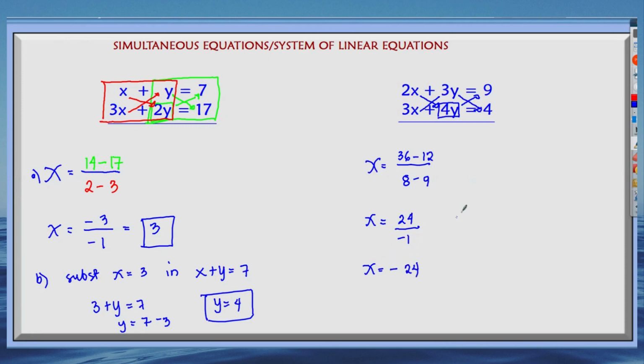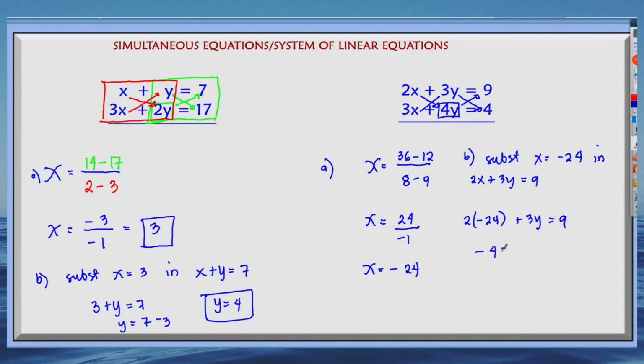Since we already have the value for x, we are going to solve now for y. So substitute x is equal to negative 24 in, I will just choose this equation, 2x plus 3y is equal to 9. So we have 2 times negative 24 plus 3y is equal to 9.